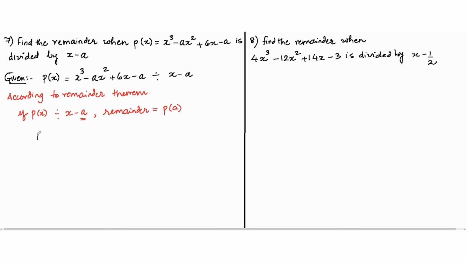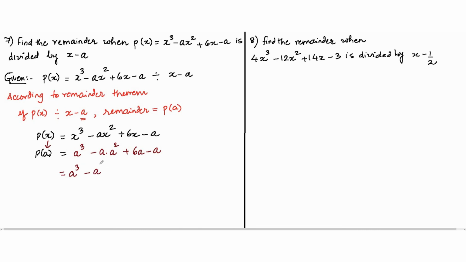So if I wish to find p of a, let me first list down my p of x. So p of x is x cube minus ax square plus 6x minus a. What I need to do for p of a is, in place of x, I need to substitute a, right? So I will get a cube minus a into a square plus 6 times a minus a.